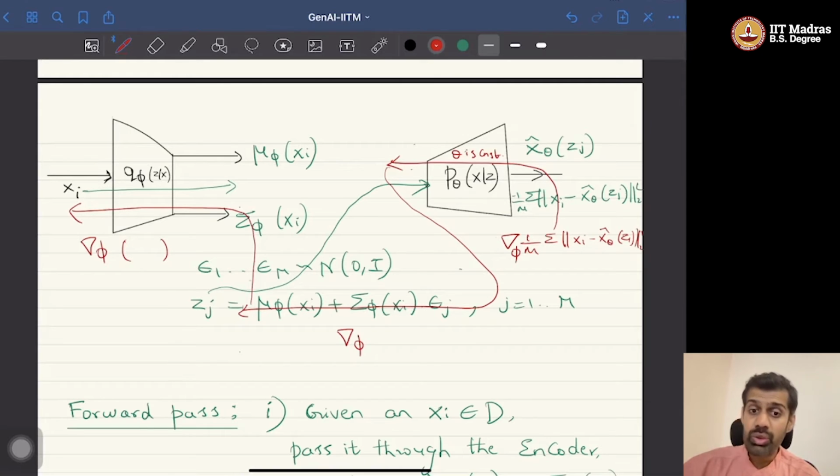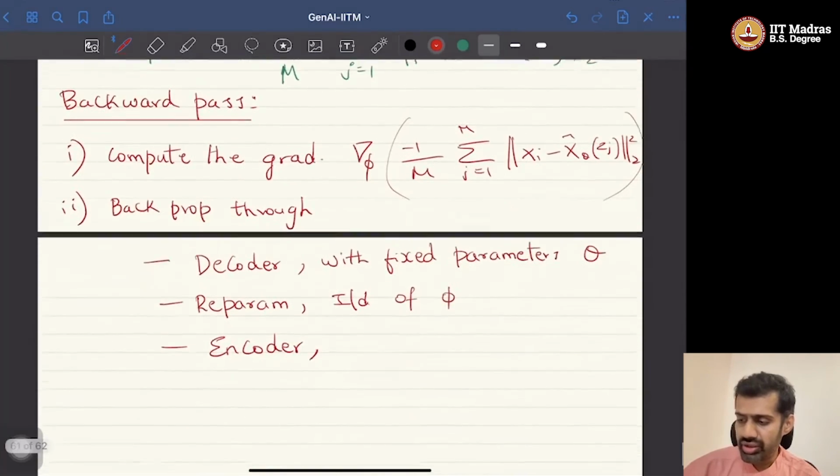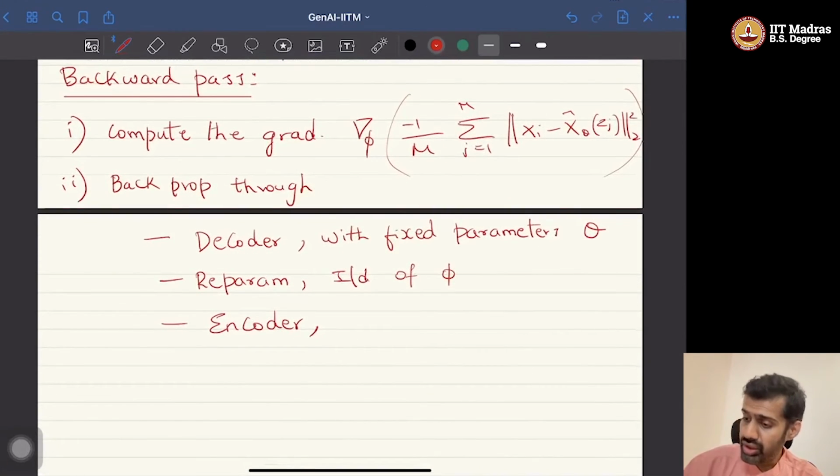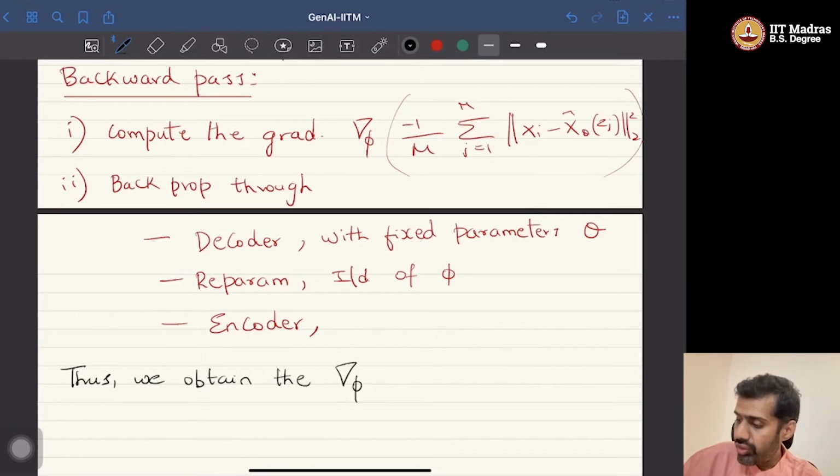With respect to the first term, this is one backward pass for the first term, and we still have to look at the second term. So now this completes it: we obtained the gradients of the first term in the ELBO with respect to the encoder parameters, and this is with q phi of z given x, right?